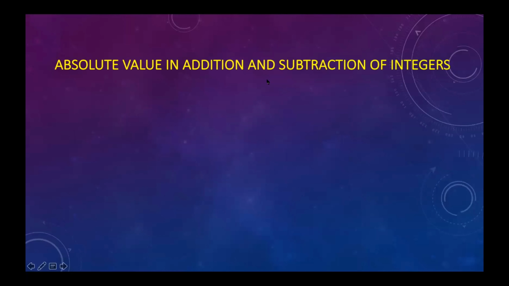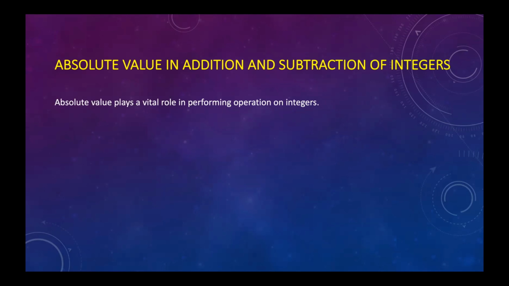Okay. Alright, our next lesson is about the absolute value in addition and subtraction of integers. So, paano to? Absolute value plays a vital role in performing operations on integer. Study the illustration and analyze carefully and discuss that in the discussion that follow.